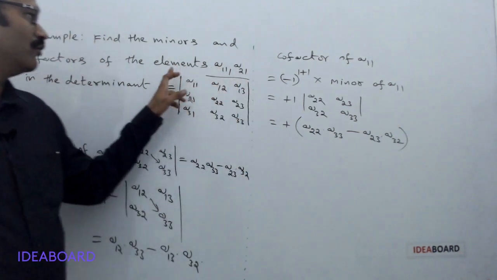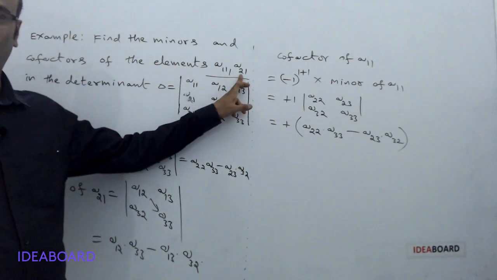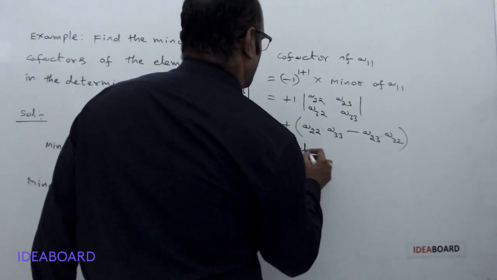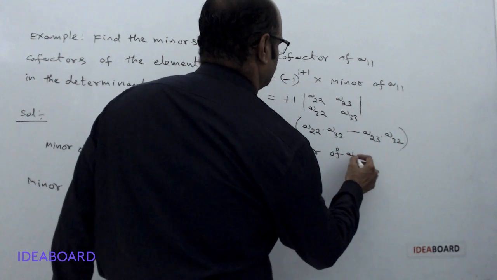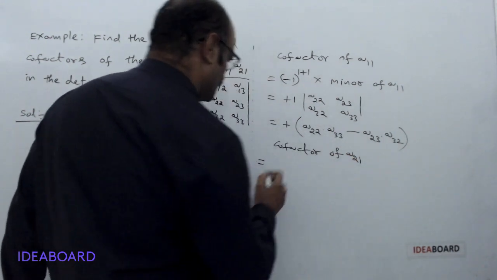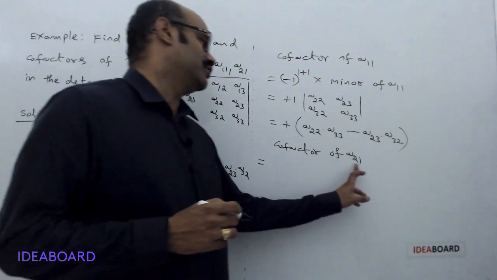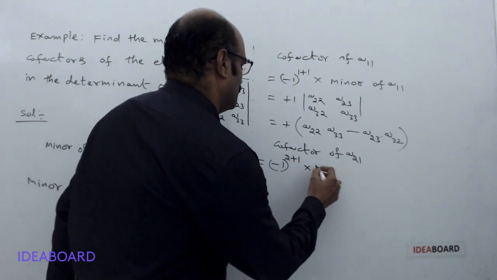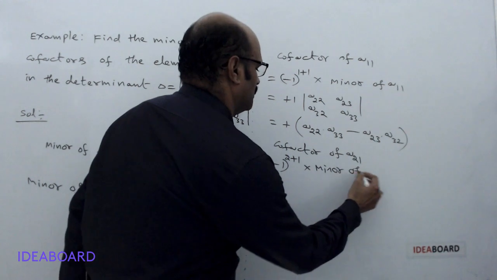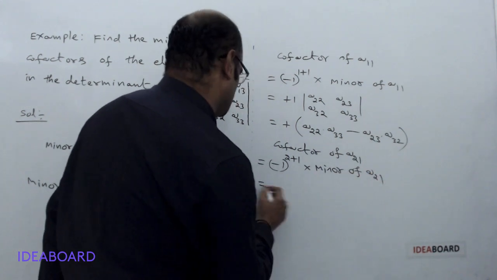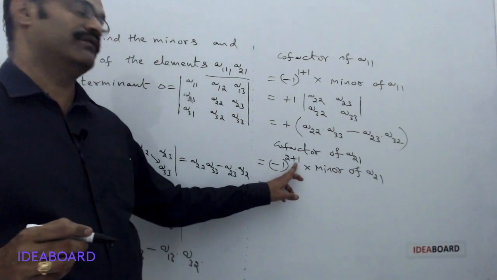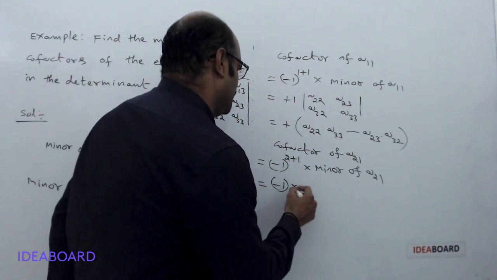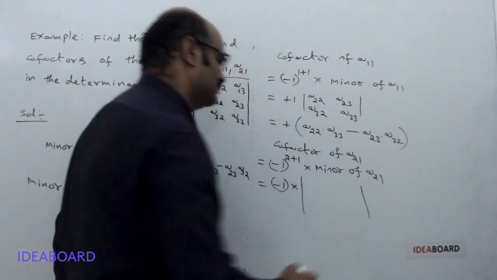Now we have to find the cofactor of the element A21. Cofactor of A21 equal to minus 1 whole power 2 plus 1 into minor of A21, equal to minus 1 whole power 3, which equals minus 1, into minor of A21.